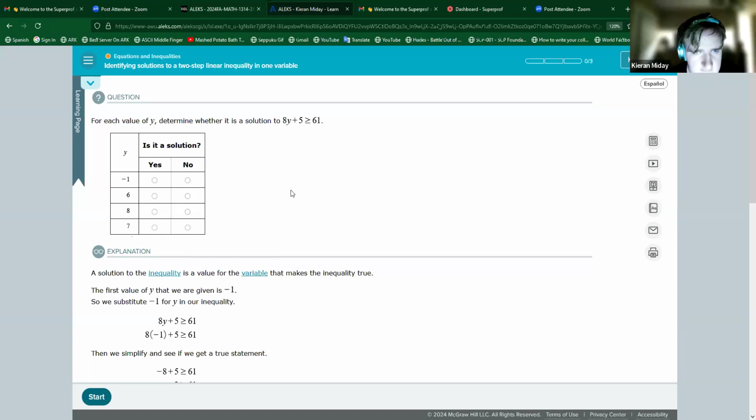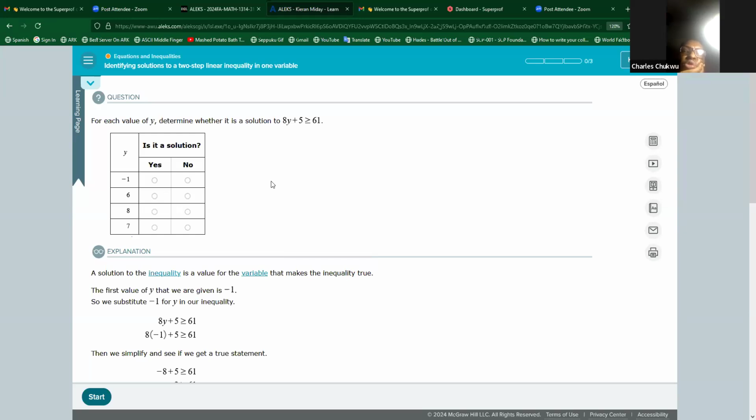For instance, let's try out -1. 8 times -1 would give us -8, plus 5 is -3. Now, -3 is not greater than 61, so that would be a no for -1.